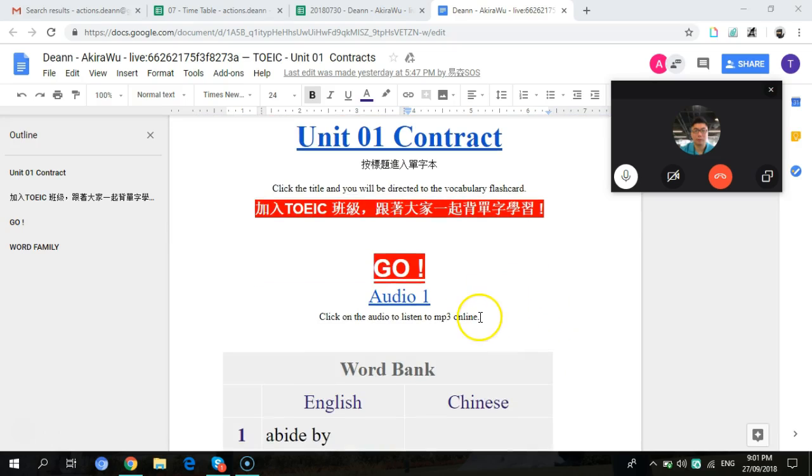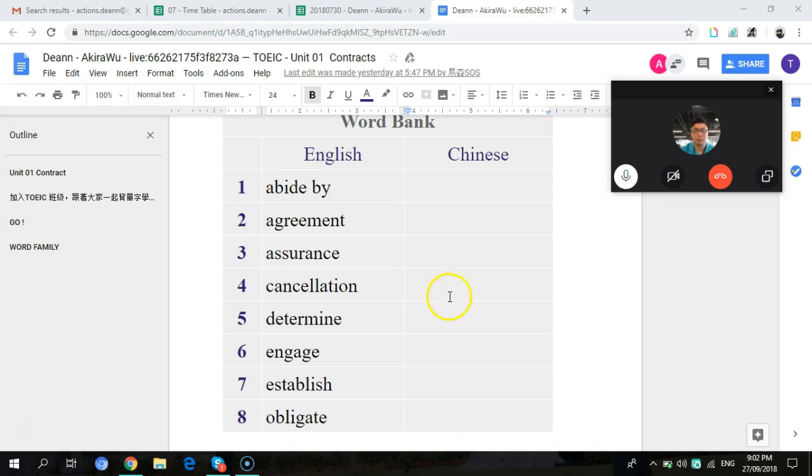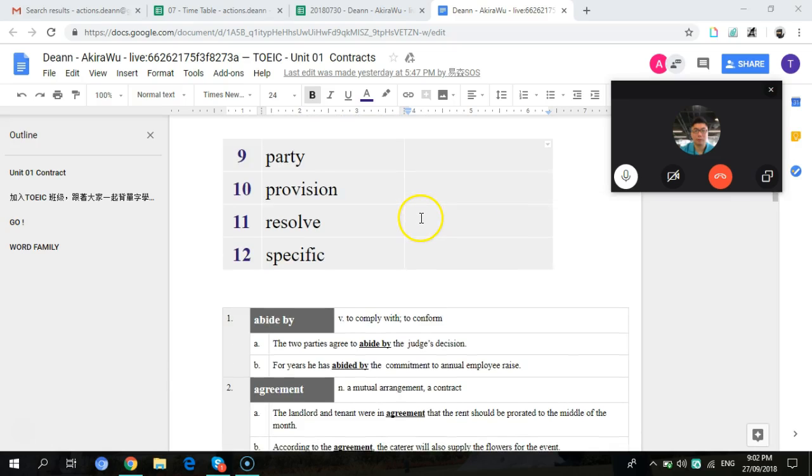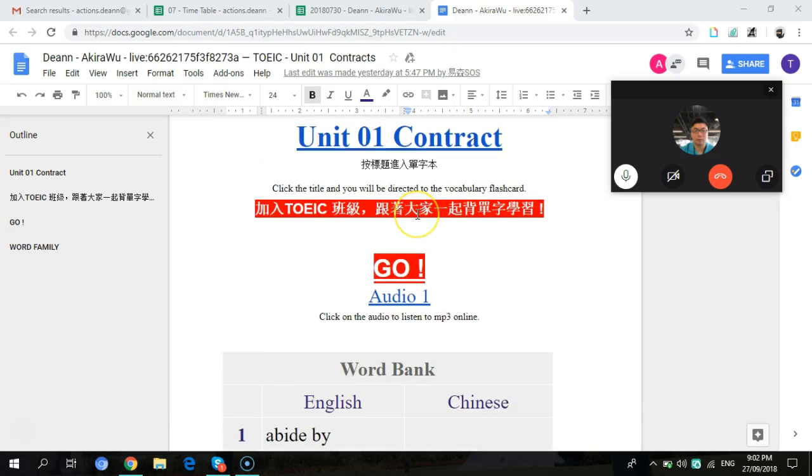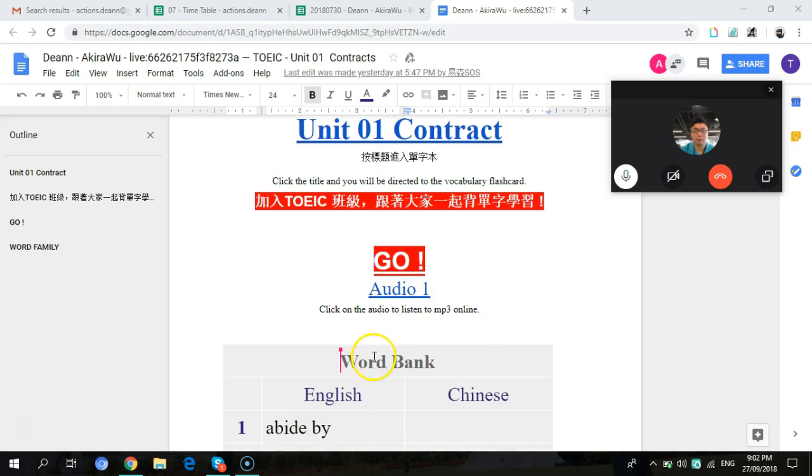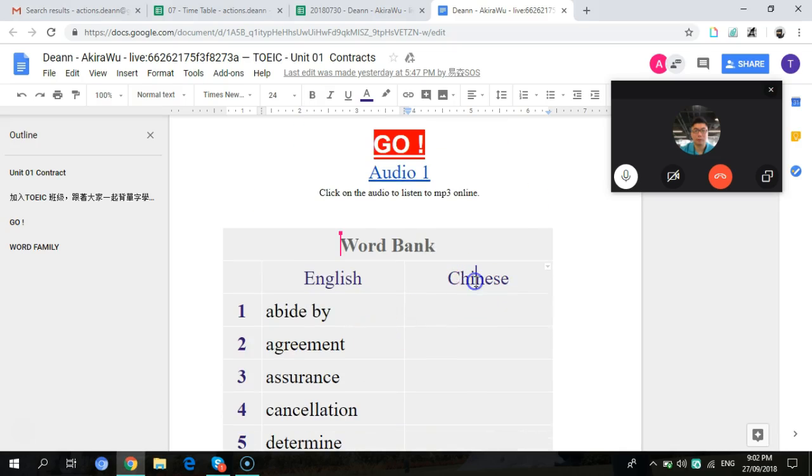There is an audio that would direct you to some of the words that are used in sentences. But first, let us have our word bank here. Let us test what your knowledge is about our words here.